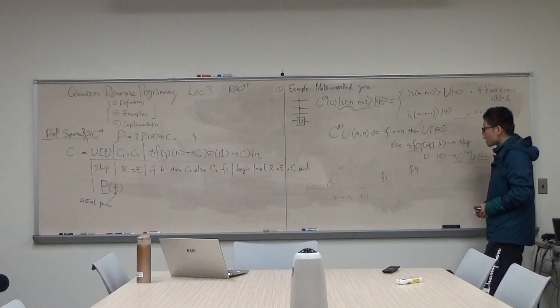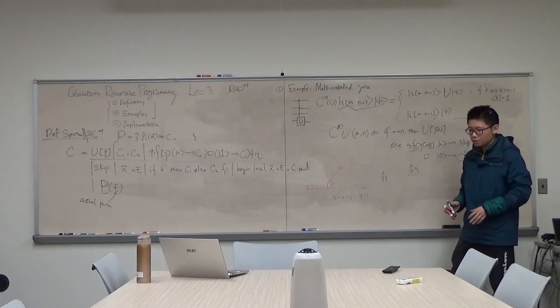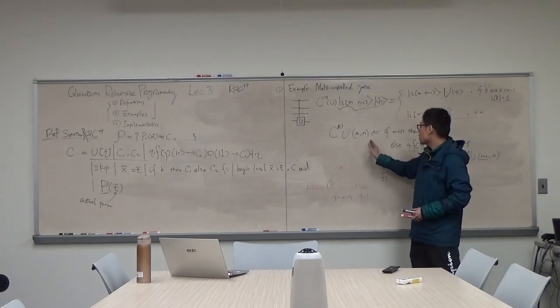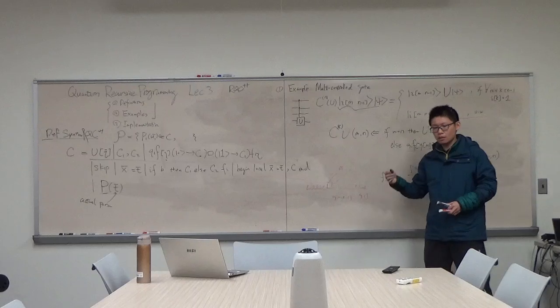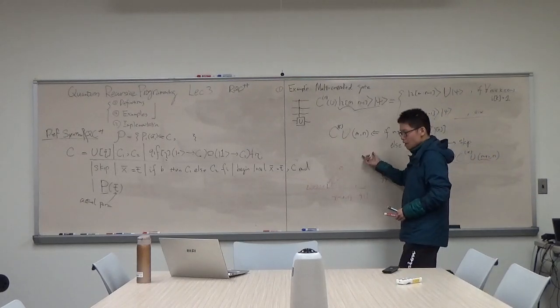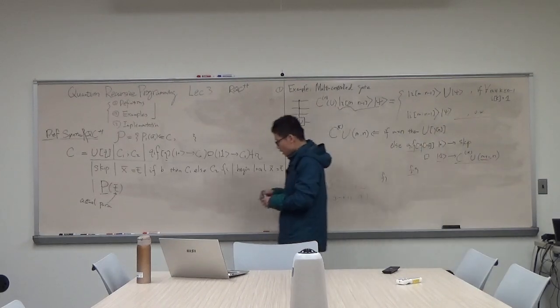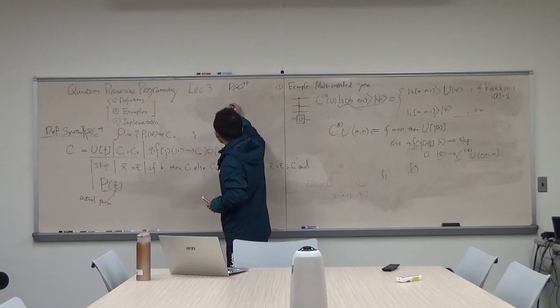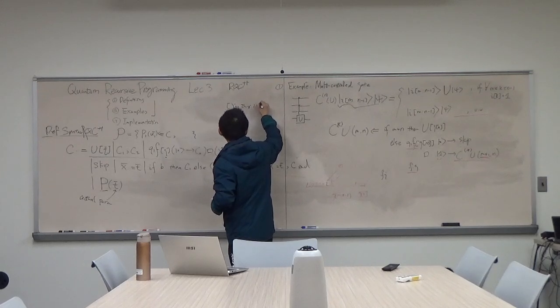I should say currently we don't have a way to verify whether a quantum recursive program's semantics is equivalent to some other unitaries, because here the semantics. I need to first mention one of our works that's about the verification of quantum recursive programs.